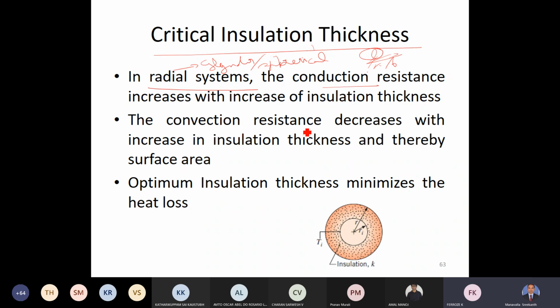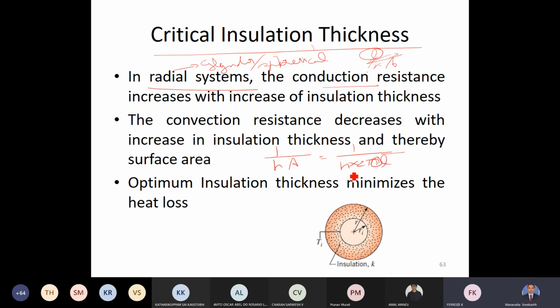But what happens? The convection resistance decreases with the increase in insulation thickness. What is the convection resistance? Convection resistance is 1 by hA, which is 1 by h multiplied by 2 pi R L. Okay. So what happens if R increases?